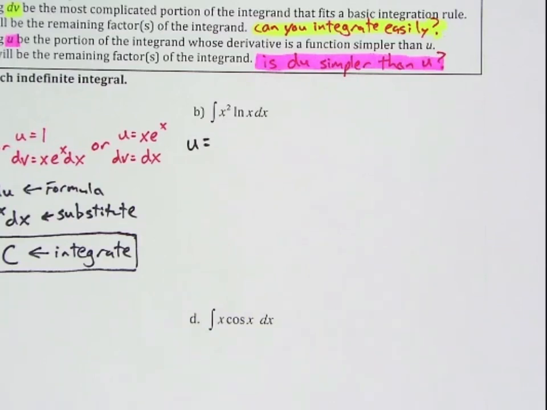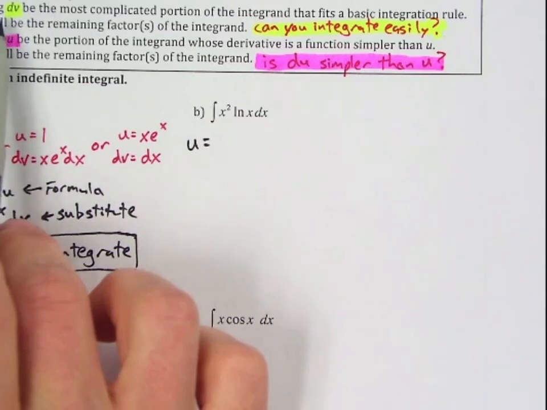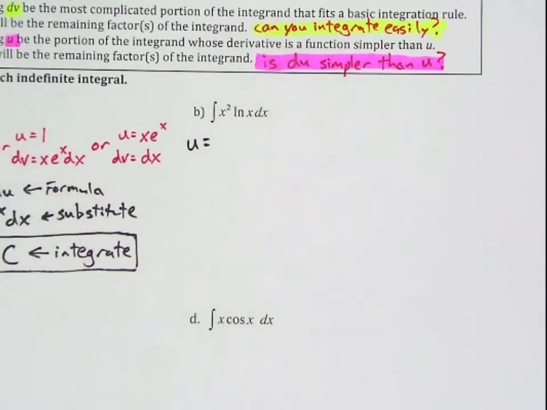Let's look at our dv part. Which one's easier to integrate, x squared or ln x? I think they're both easy, but x squared is going to be easier. Think about the order that we learned them in. We started with the most simple, the power rule. And so we're actually going to let u equal ln x.